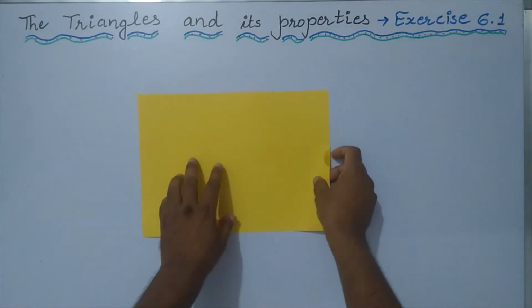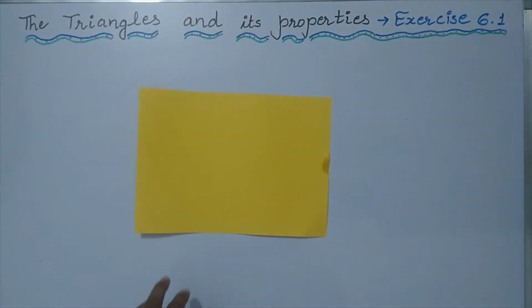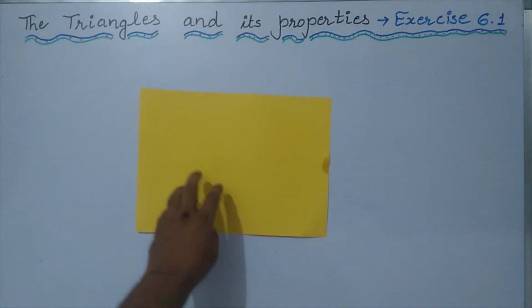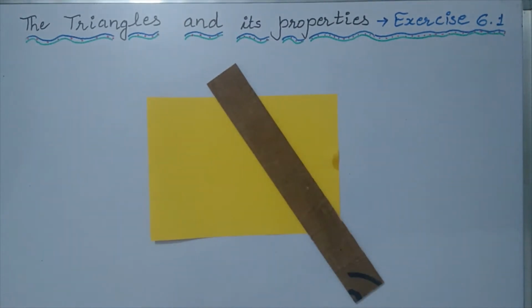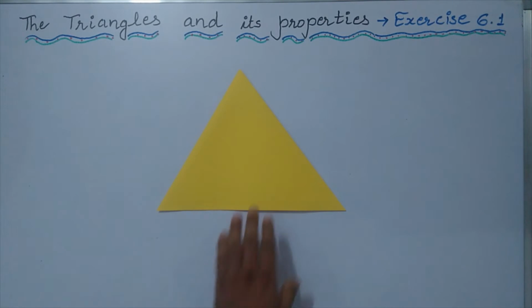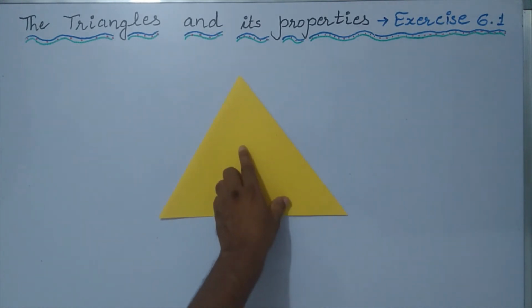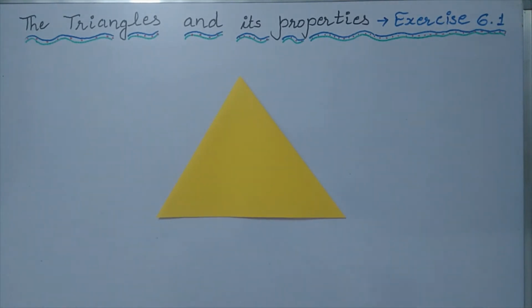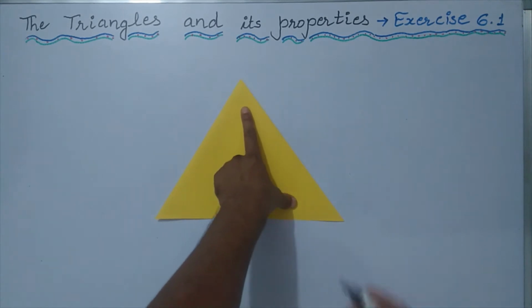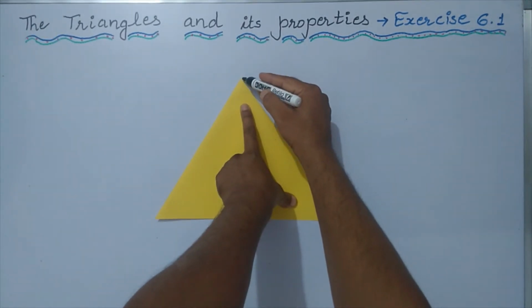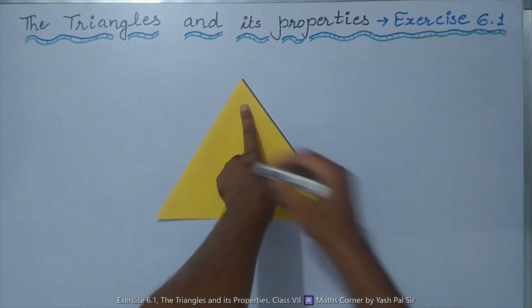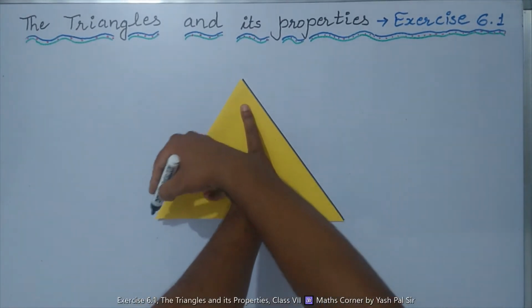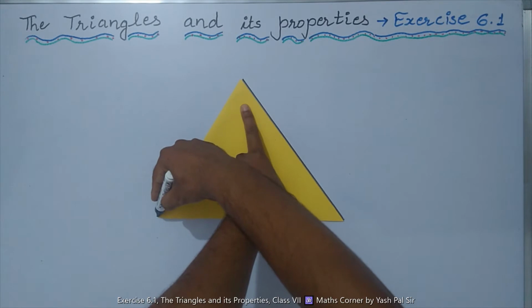First of all, introduction. What is a triangle? Let us construct one triangle. With the help of the paper, I have constructed one triangle. So let us draw one triangle with the help of this paper. Outer boundary, this way we have drawn the lines.